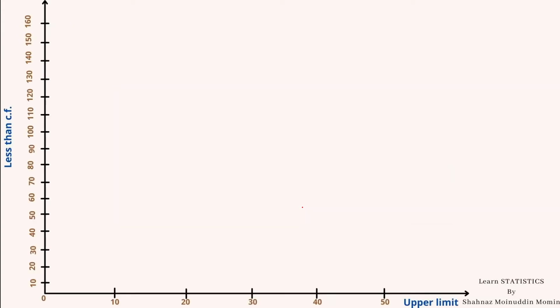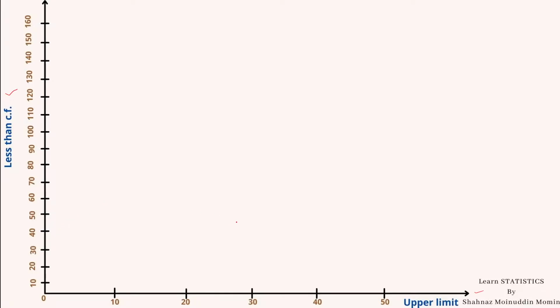Now let us come to drawing the less than cumulative frequency curve. Take the upper limit on the x-axis as shown here, 0, 10, 20, 30, like this, and the less than cumulative frequency on the y-axis.